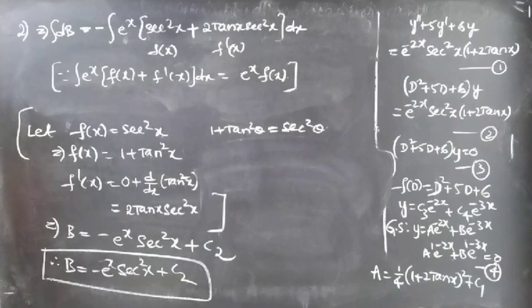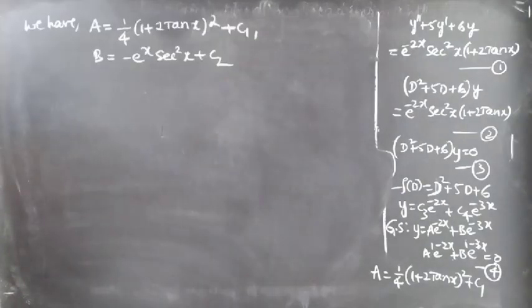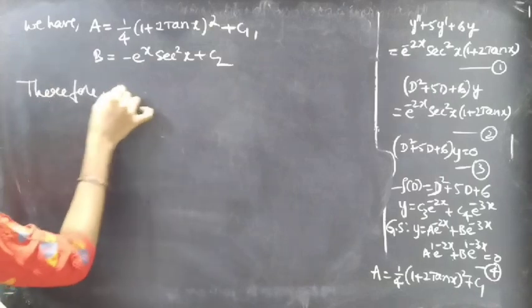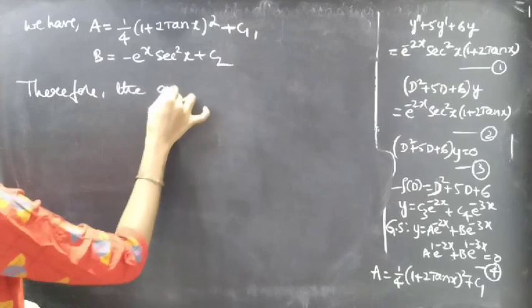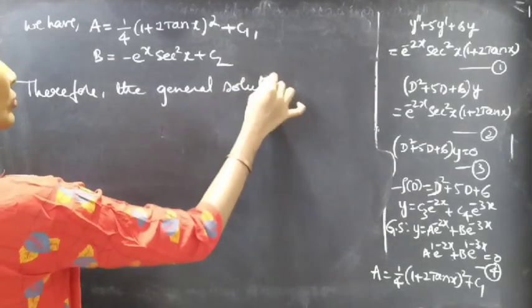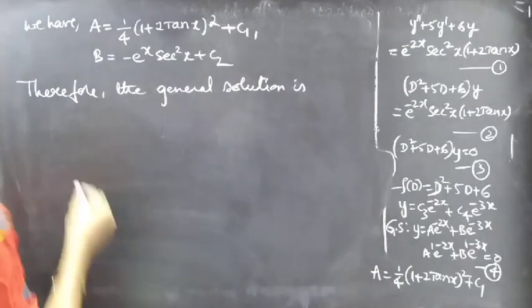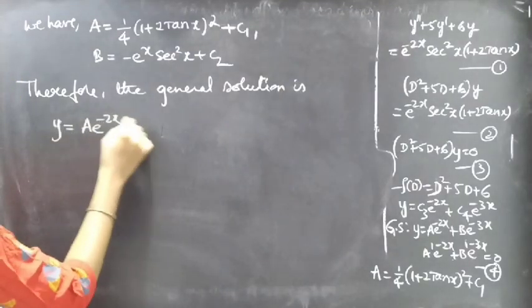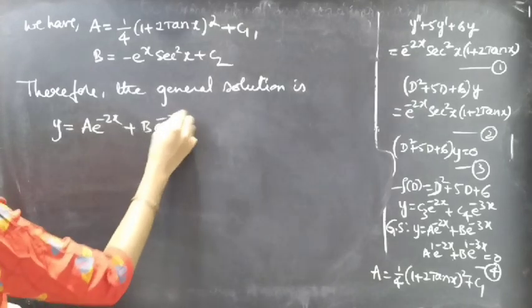Let's now write the general solution by substituting a and b. Therefore the general solution is given by y equal to a e power minus 2x plus b e power minus 3x.